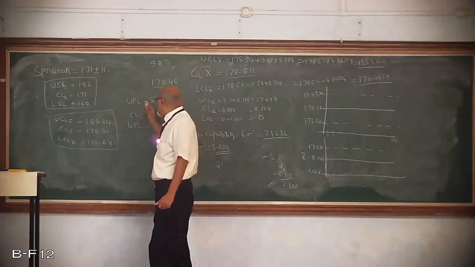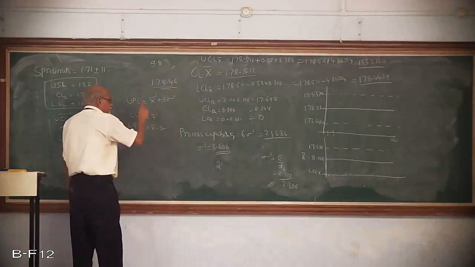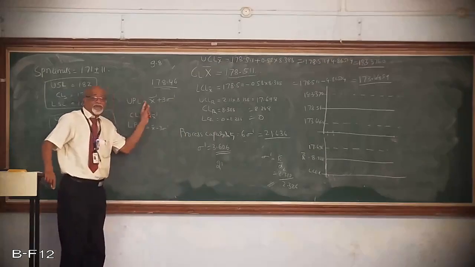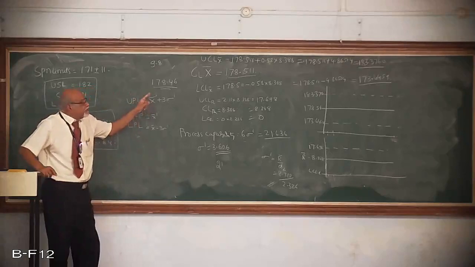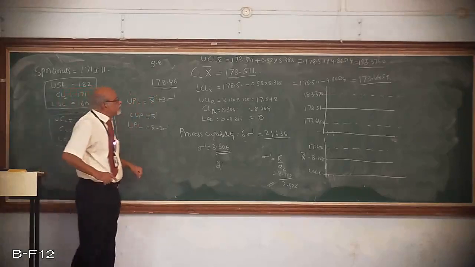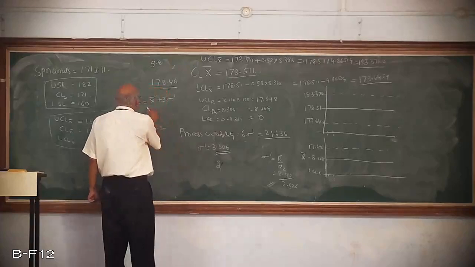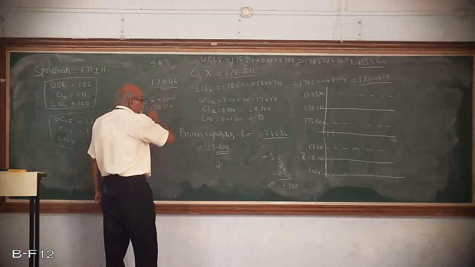If we take up the upper process limit, the best estimator of x bar prime is x double bar. In our case, x double bar is going to be 178.51 plus 3 sigma prime.